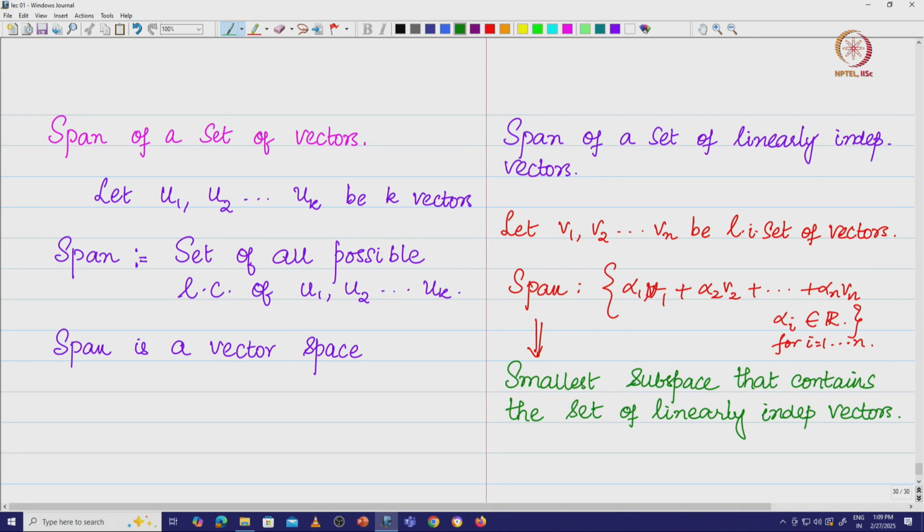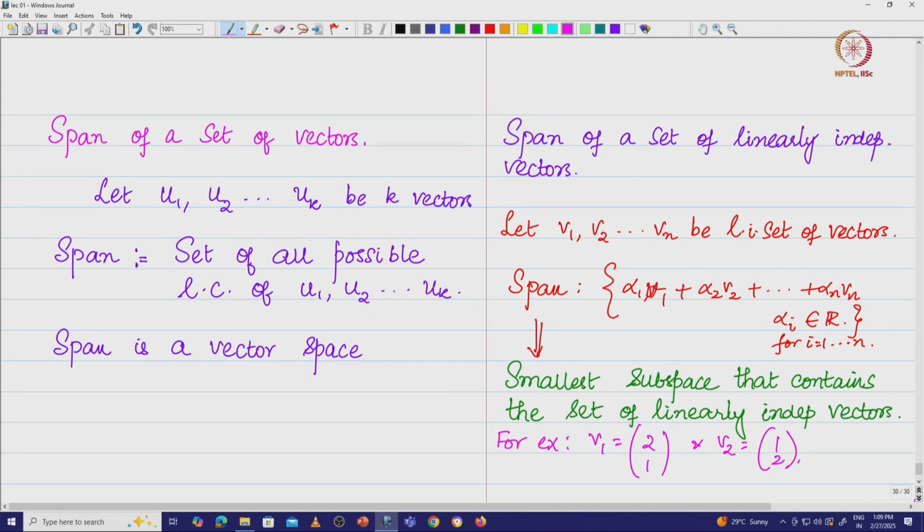For example, let us consider v1 equal to (2, 1) and v2 equal to (1, 2).